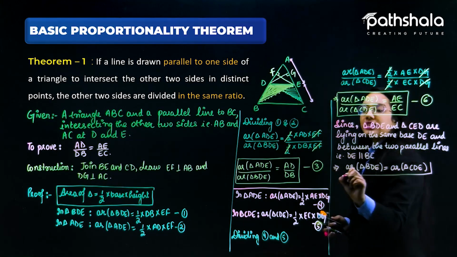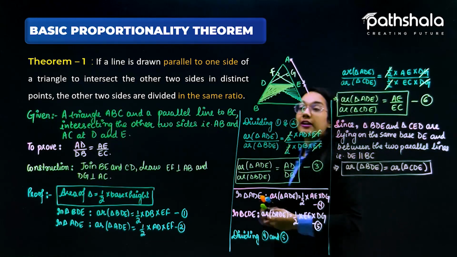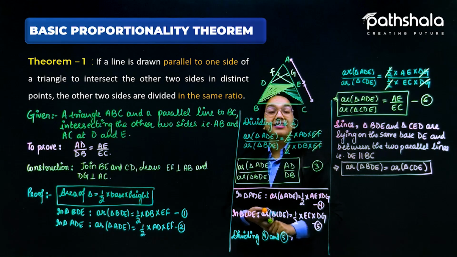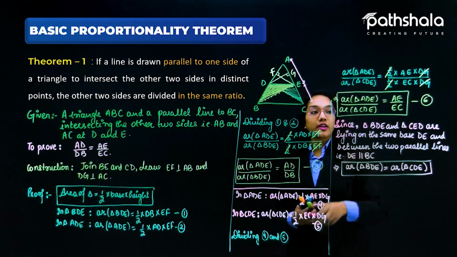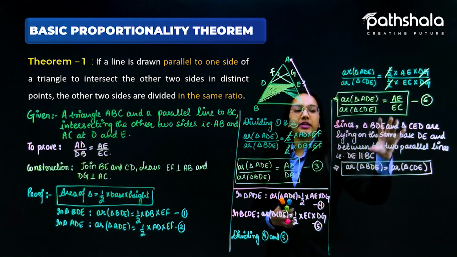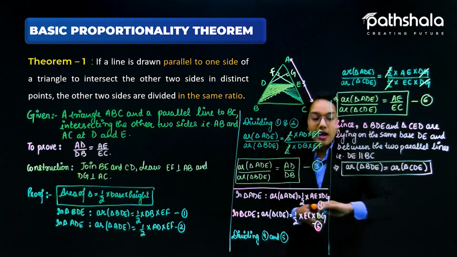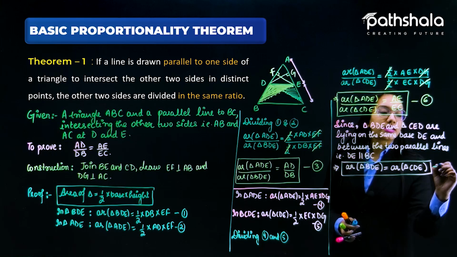We know the concept that whenever any two triangles lie on the same base and between the same parallel lines, their areas are always equal. So using this concept, both of the areas are equal to each other.